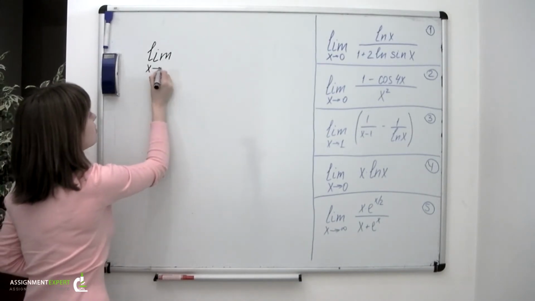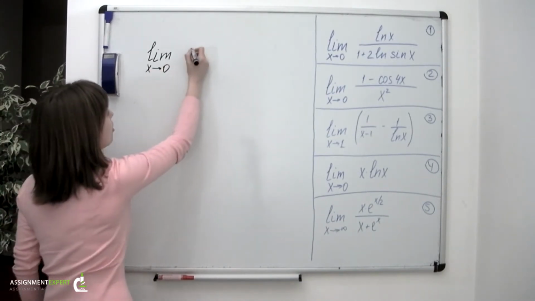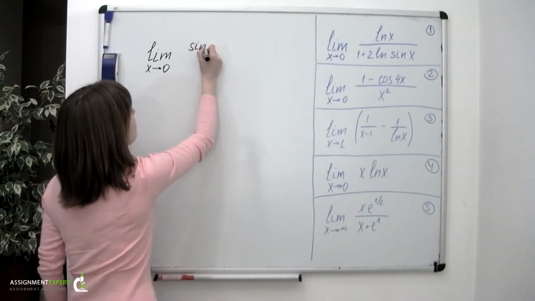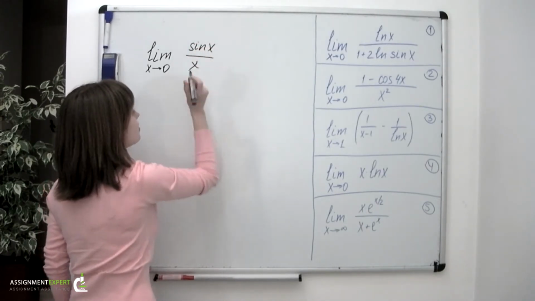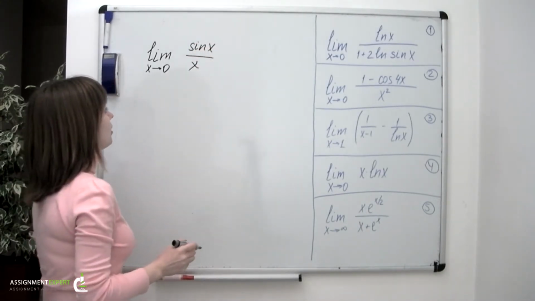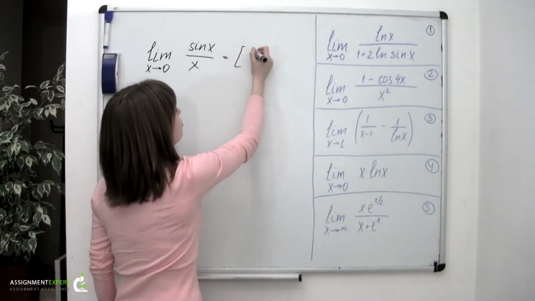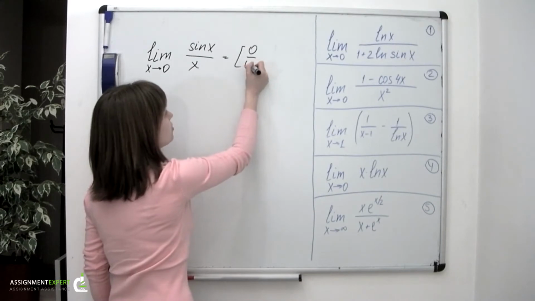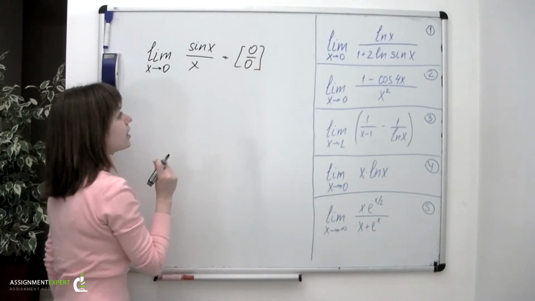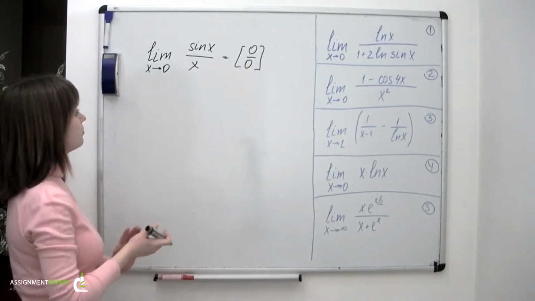So it goes: the limit as x approaches 0 of sine of x over x. If we plug in 0, we'll obtain the indeterminate form 0 over 0. This means we can apply L'Hopital's theorem.